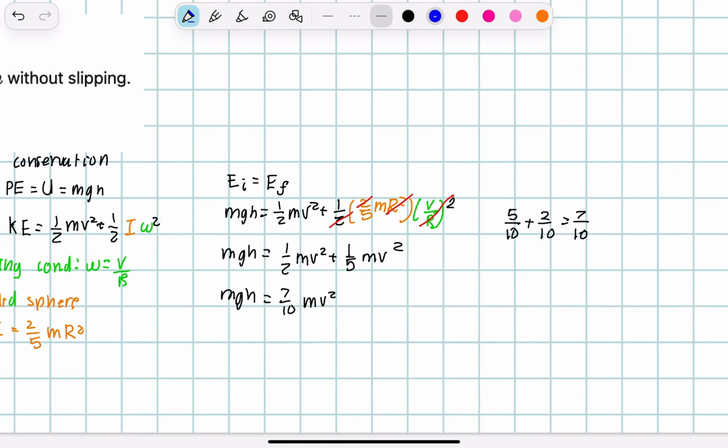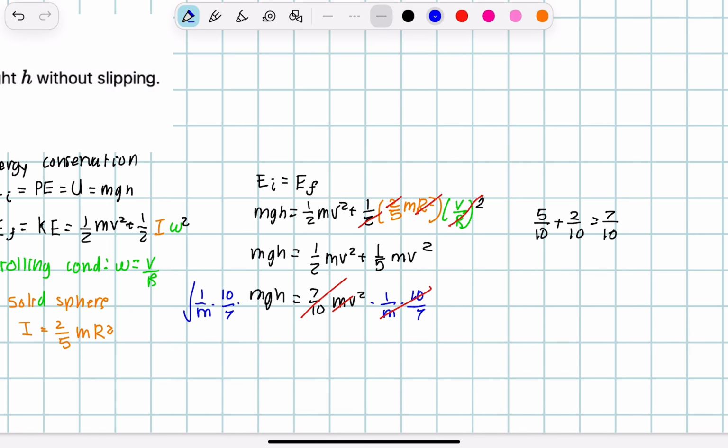But what we want is the velocity. So we're going to have to divide by m, and multiply by 10 over 7. Doing the same thing to the other side, we have 10 over 7, and the m's cancel. We also want to take the root of both sides to cancel out the square.